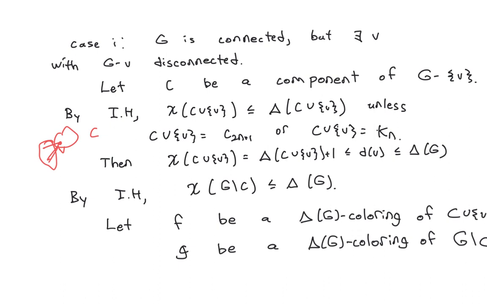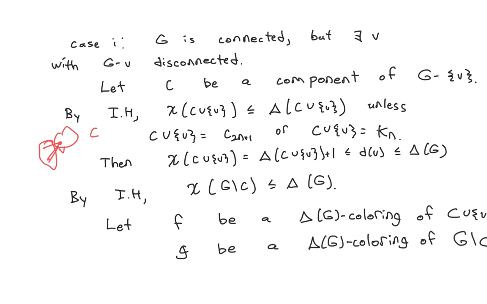In the other case, the max degree of C union V is n and V has degree at least n plus 1. But the degree of V in the original graph is at most the maximum degree. And so in particular, we can conclude that the chromatic number of C union V is at most the max degree of the graph. By the induction hypothesis, and by similar argument, if we remove C from the graph, the remaining graph also has chromatic number at most the maximum degree.